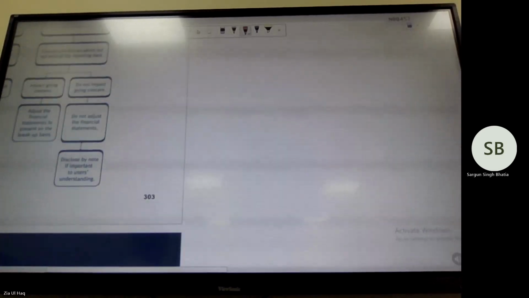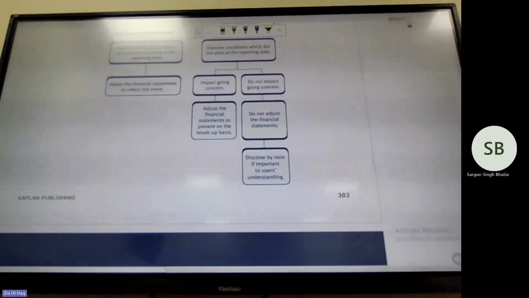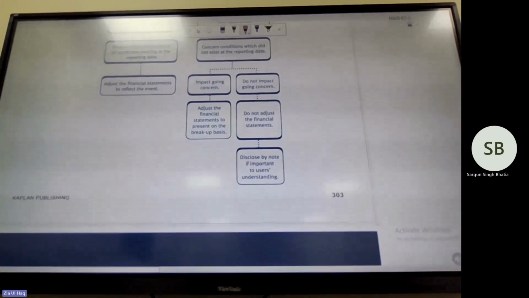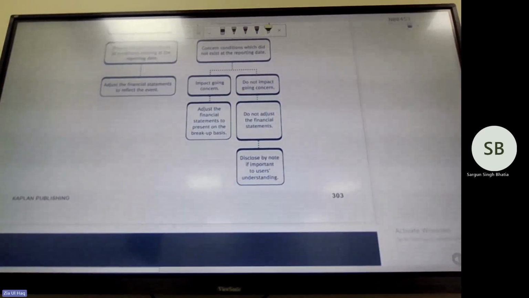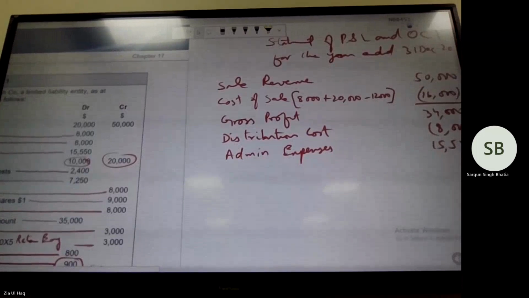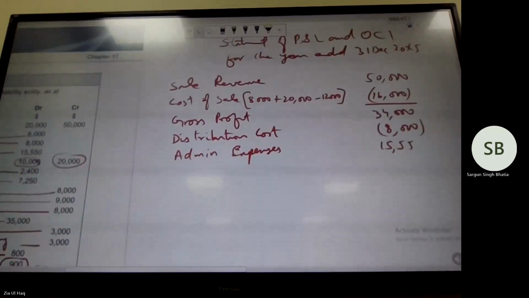I have done something wrong. So 15,550 are the expenses.